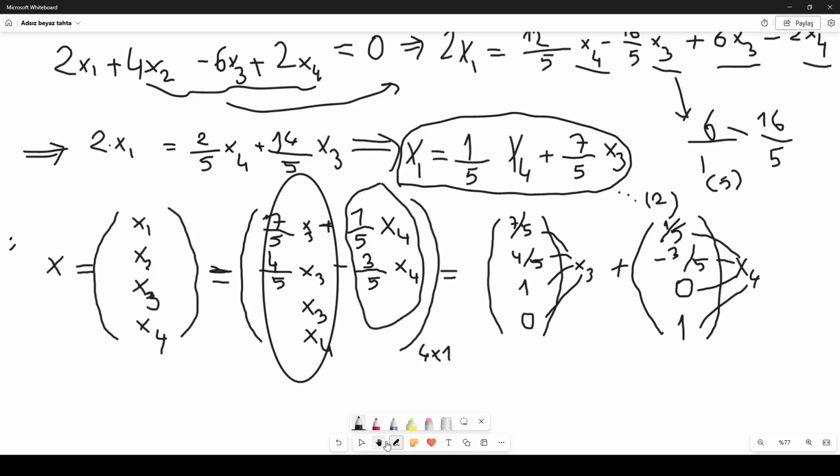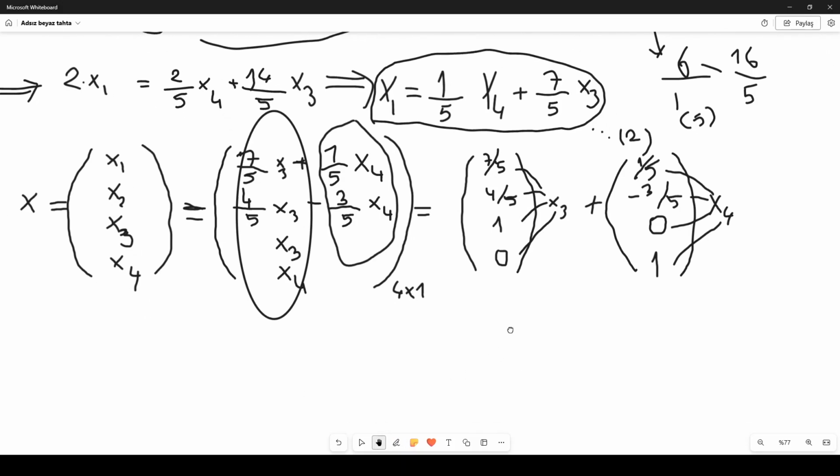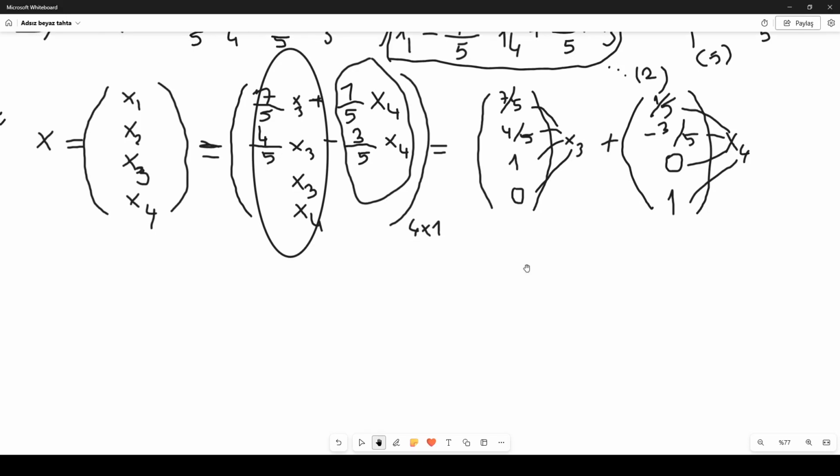So we are decomposing our solution into pieces where we can write our solution as an algebraic sum of the free variables. In this case, since x3 and x4 are the free variables, we're done with our solution.